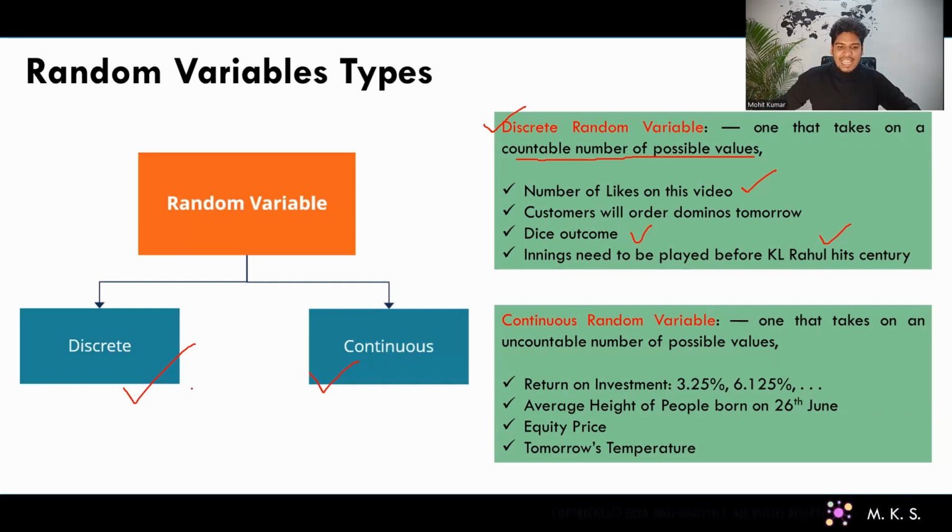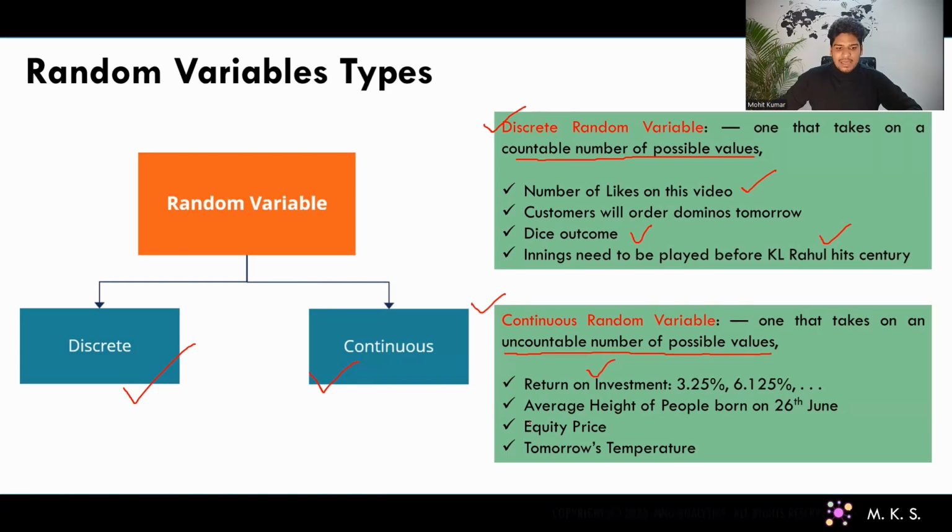So now the second type, continuous random variable. Here the values are continuous. It is one that takes on an uncountable number of possible values. You cannot count the possible values, and generally this happens when you have decimal values, like say return on investment. That number can be 3.5% return, 4.5% return, 4.55% return, right?